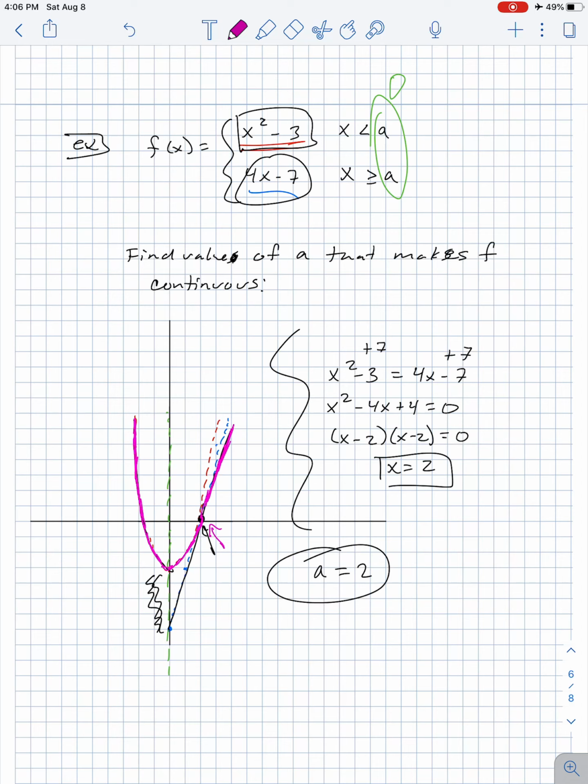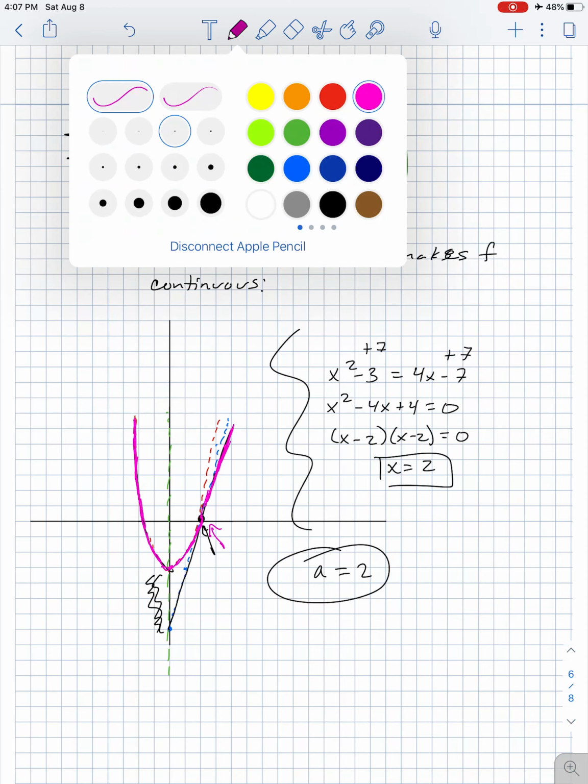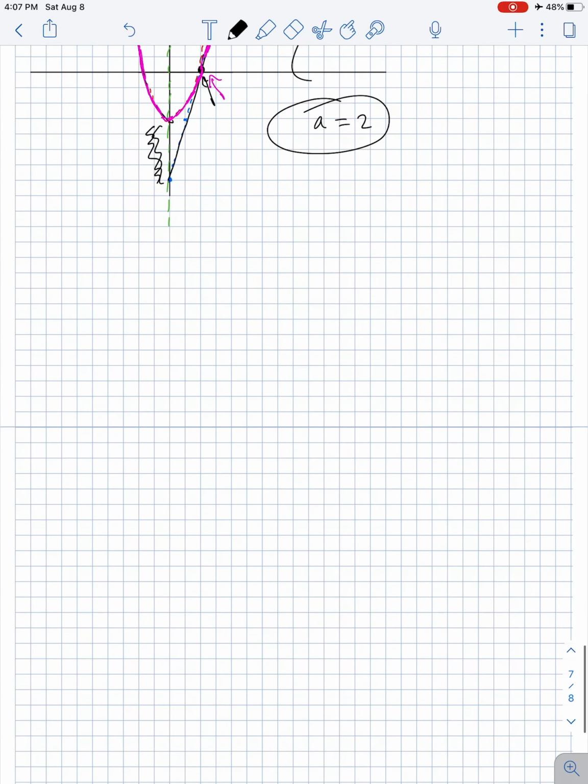Okay, so that is how you do those. And one more theorem for this section. This is called the intermediate value theorem. This is a very important theorem. It's really useful.